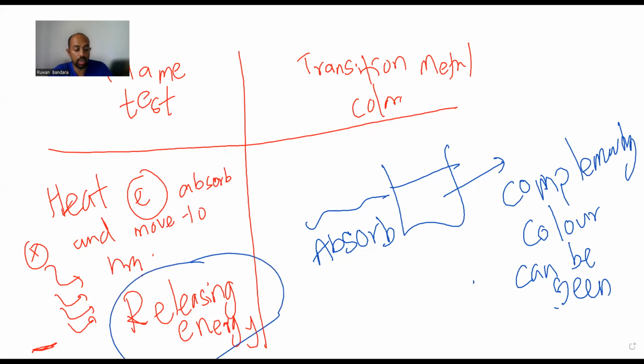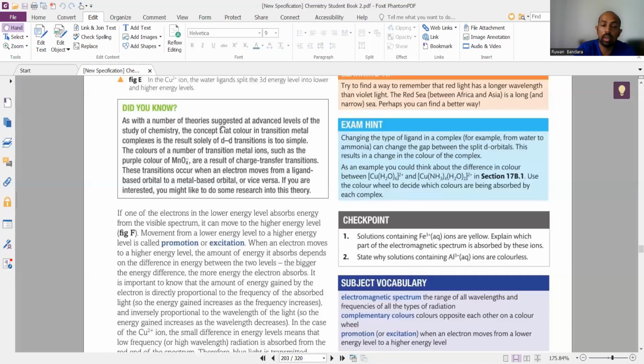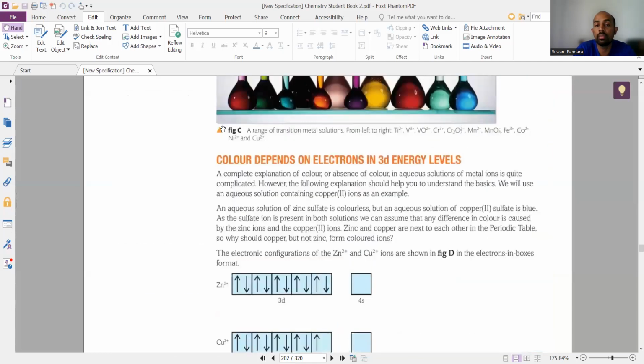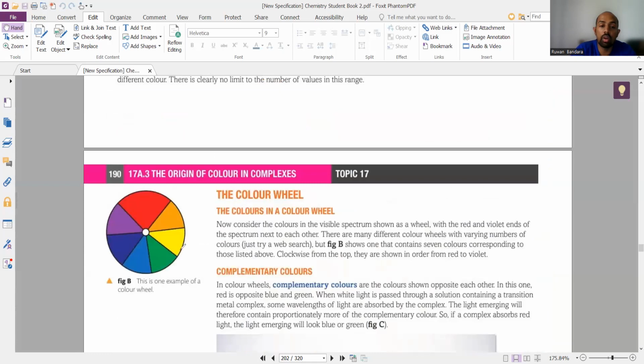Now, is this clear? How the transition metal colors are different from the flame test color? If it absorbs yellow, go back to the color wheel, right? Complementary color. If it absorbs yellow, you can see the purple color.